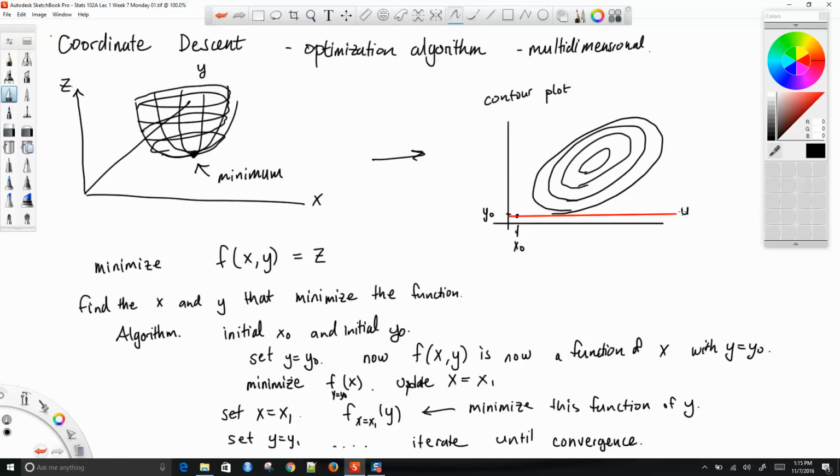Because y is set here, we find the x that minimizes this. So maybe that goes right here. So f of x is minimized here.